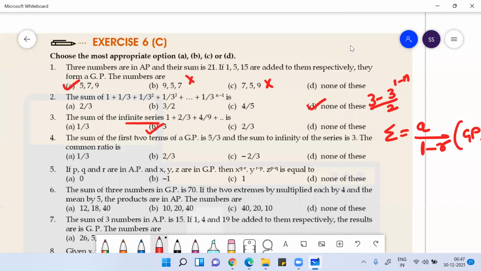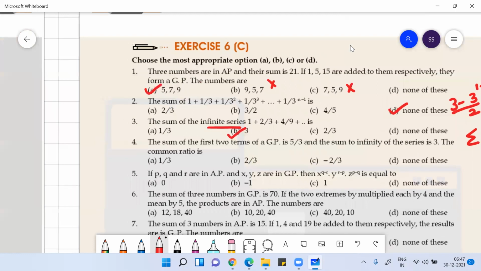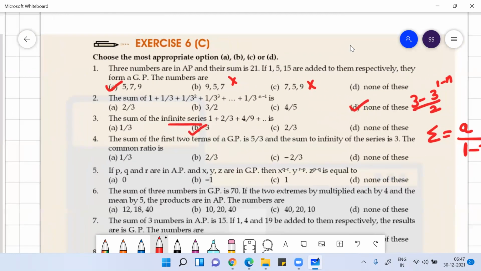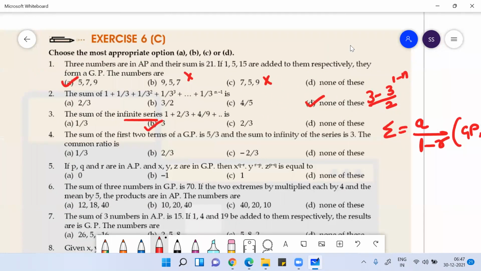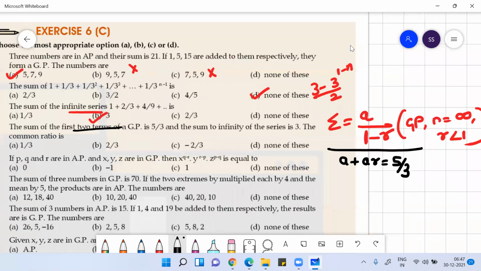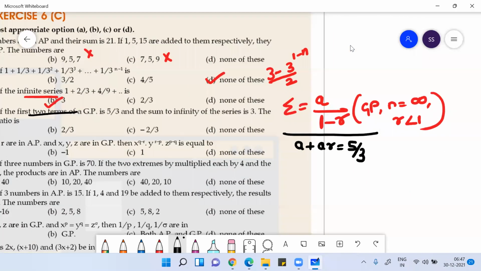Now talking about the fourth one, it is given that the sum of the first two terms of a GP is 5 by 3. That means A plus AR is 5 by 3. And the sum to infinity of the series is 3, which means A divided by 1 minus R is equal to 3.